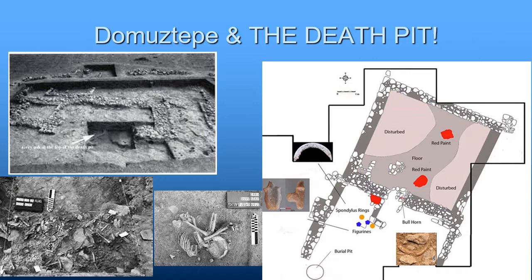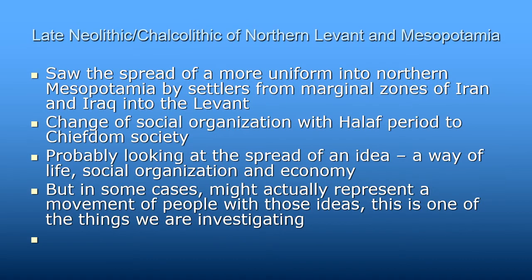It's been suggested that some sort of plague hit, or more probably some sort of war or local fight happened, and these are the prisoners that were slaughtered in a victory parade, if you will, and thrown into the pit. There's lots of discussion on this because it's just so weird, but thankfully it's a unique discovery for the time period.